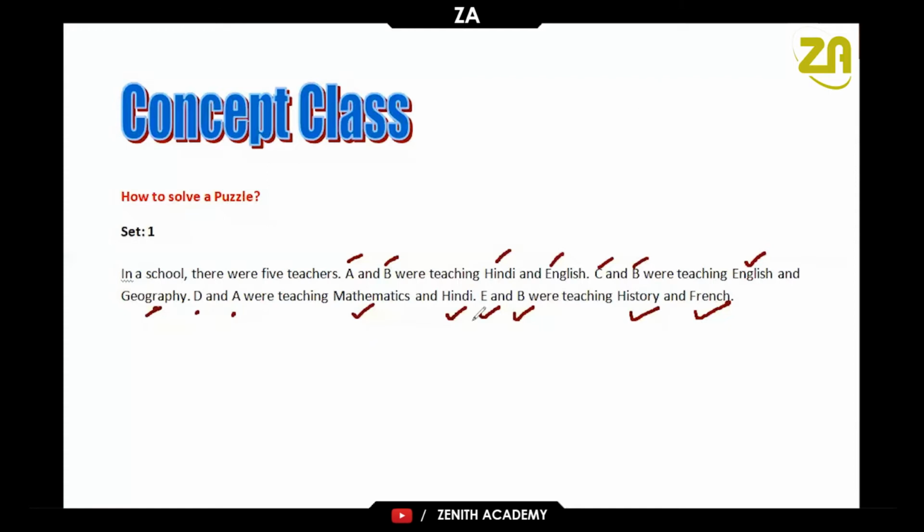Let's see this set. In this set, there are 2 objects. One object is teacher and the other one is their subjects. So there is a relation between subject and teacher.